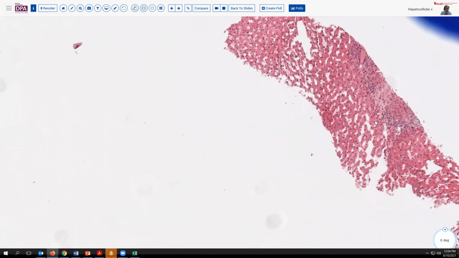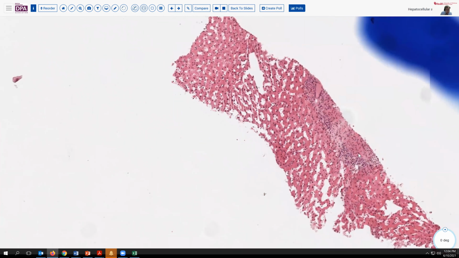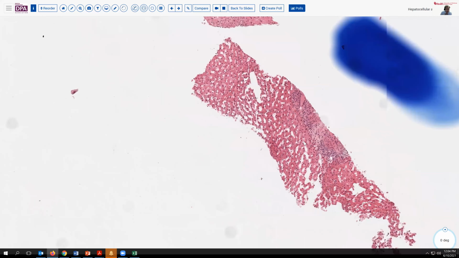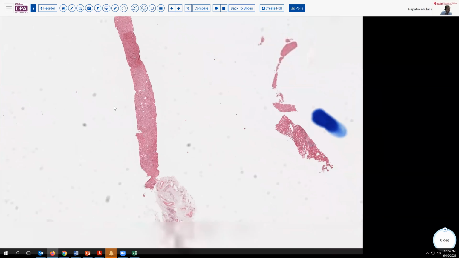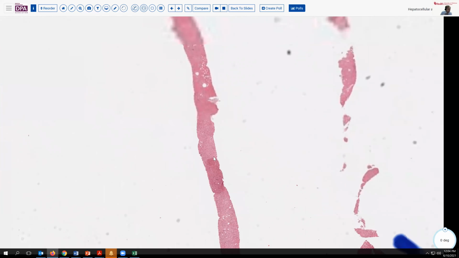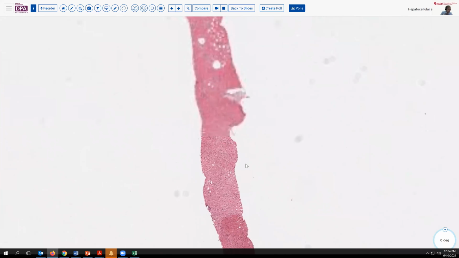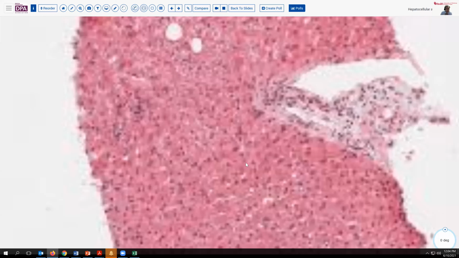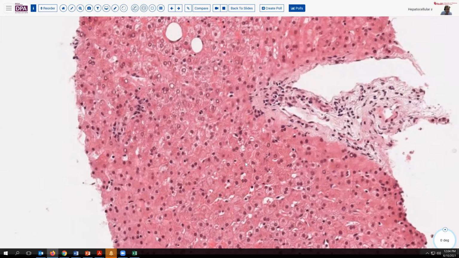So here's our bile duct here. So we can say this part at least is not a hepatic adenoma. But then the rest of the lesion, we might look at an area like this, for example. Don't pixelate on me here, and say, gee, I'm not seeing a bile duct here.